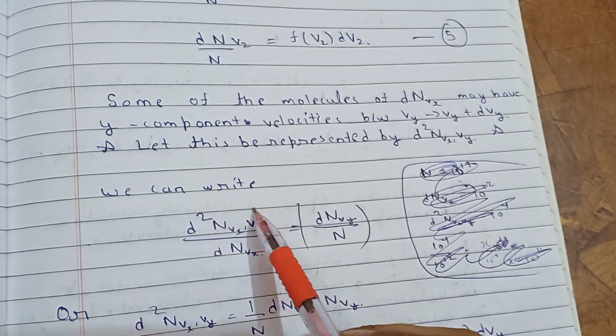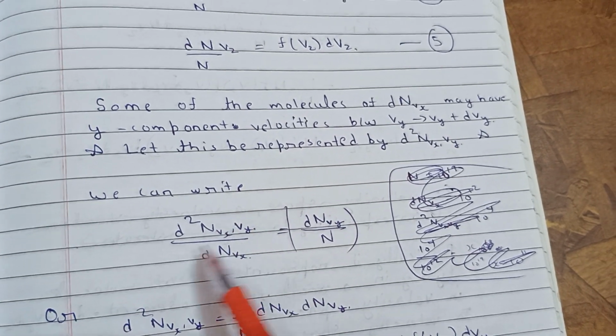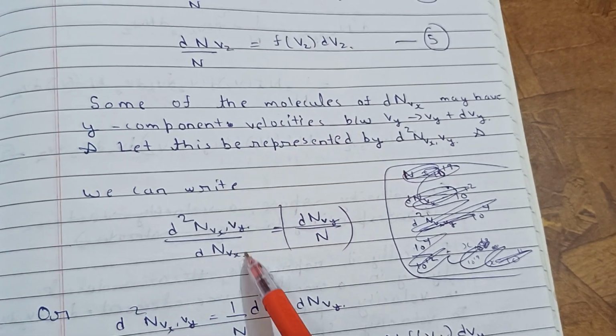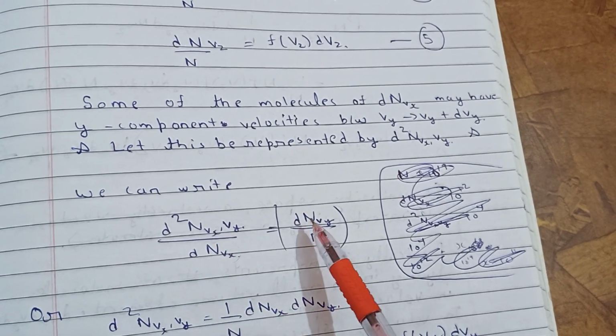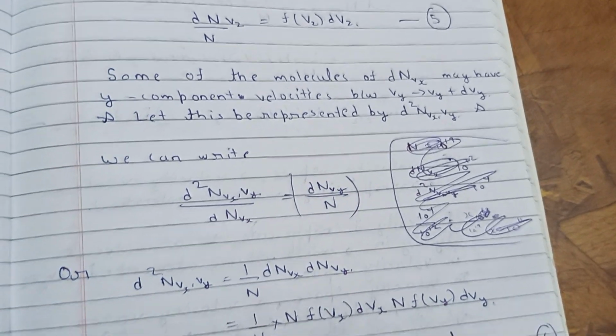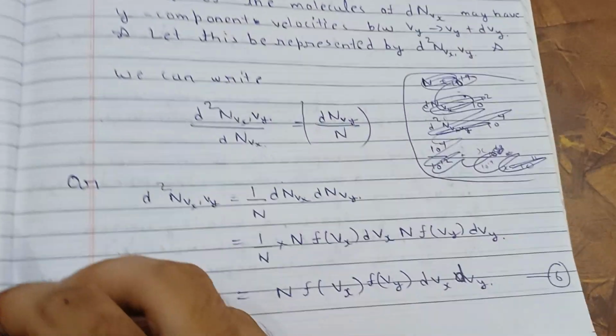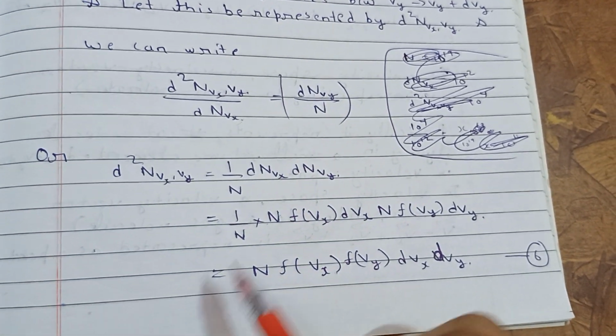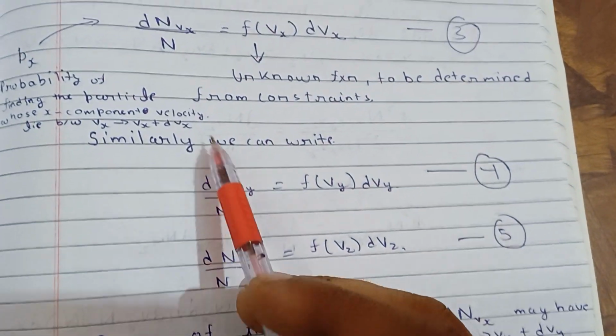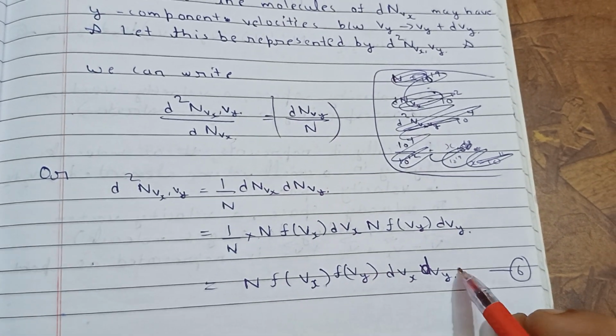So this will give you the fraction d²N_vxvy divided by dN_vx. So from this dN_vx you have found these particles. This is again a probability, and you can write it as dN_vy divided by N, or equal to 1 upon N dN_vx dN_vy. Now from here you can substitute the value of dN_vx, which is N f(vx) dvx. This will give you this.